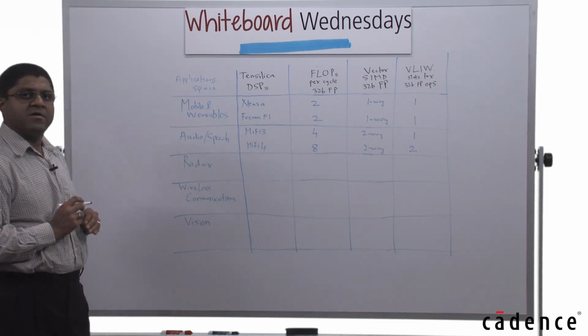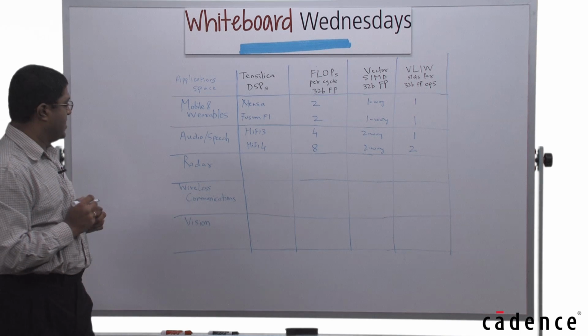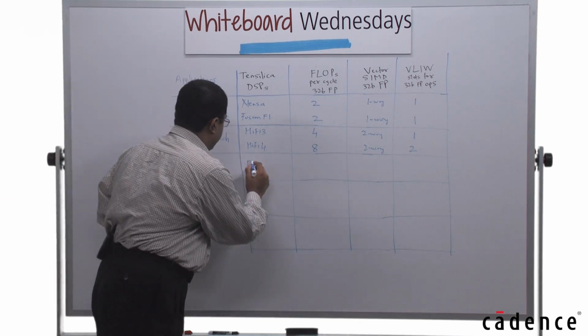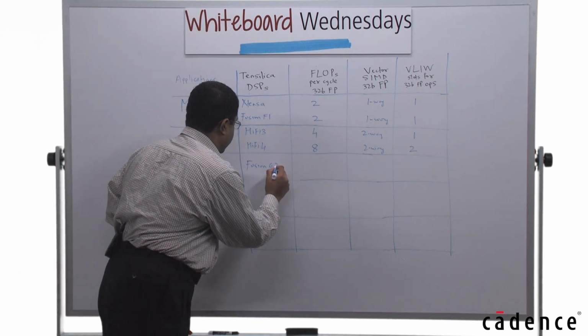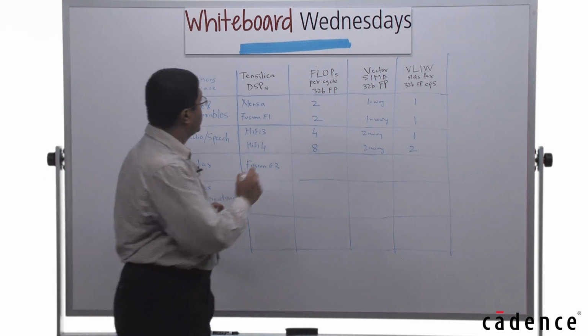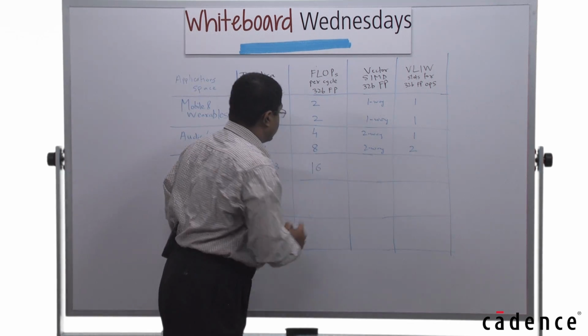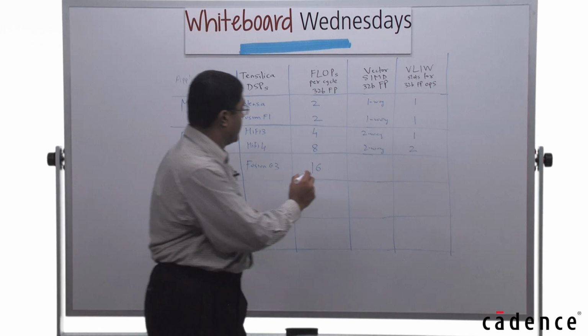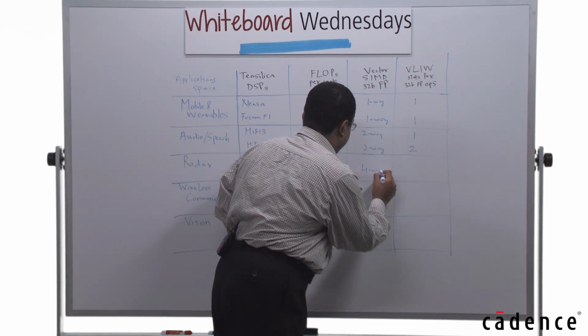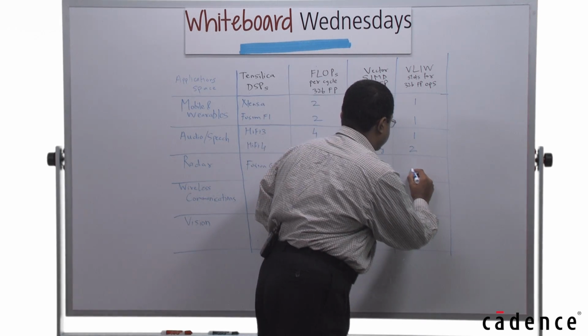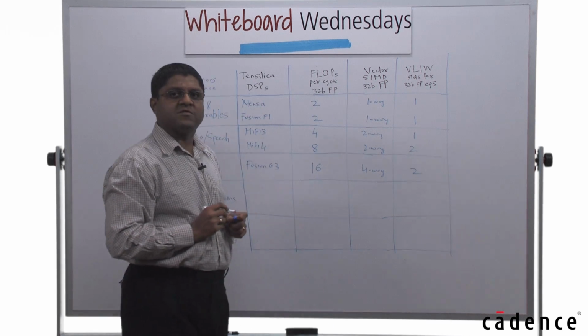For radar and general DSP, the Fusion G3 DSP has floating point support. It can do 16 flops per cycle, a SIMD of 4-way, and it has 2 VLIW slots for scheduling floating point operations.